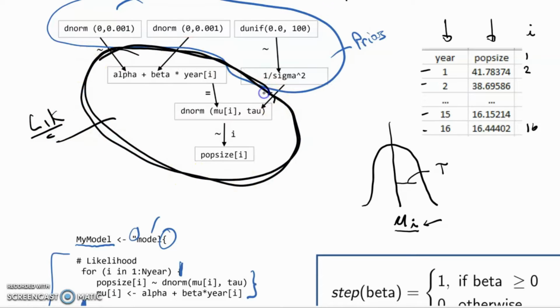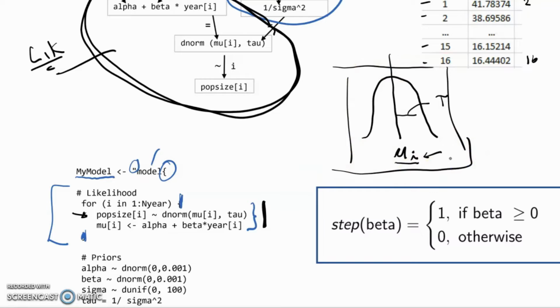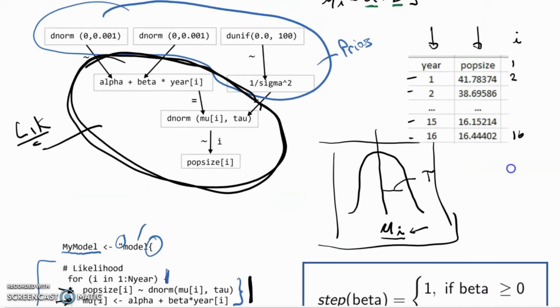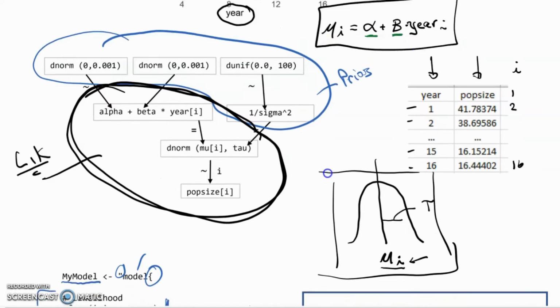This likelihood function here is represented in code quite clearly here. So we're saying the population size is going to arise from this normal distribution with mean mu i and precision tau, and mu i is going to be obtained by this formula here.